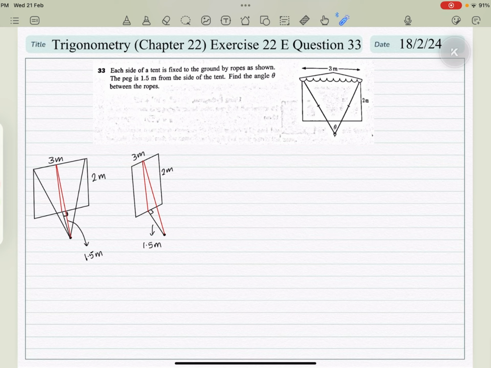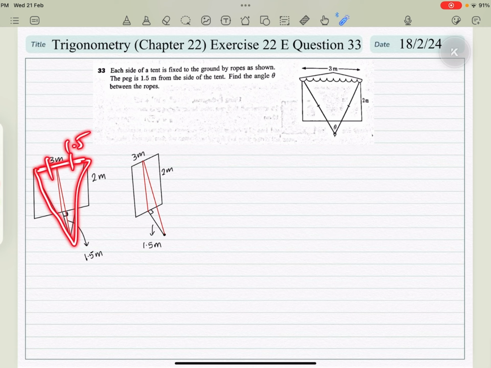Now, what we have to calculate is this angle theta. For calculating this angle theta, we know this side, and we know this side, and we know this side. First, we can calculate this side, which will give us this side here, and then we can calculate this side by taking this and this side, because this is a right angle triangle here. This right over here is the altitude of this triangle, and it divides the base of the triangle into two equal parts.